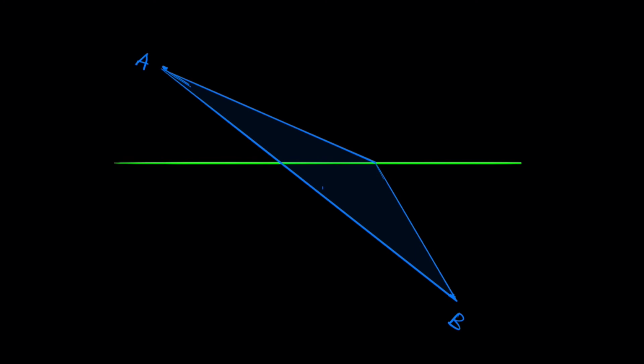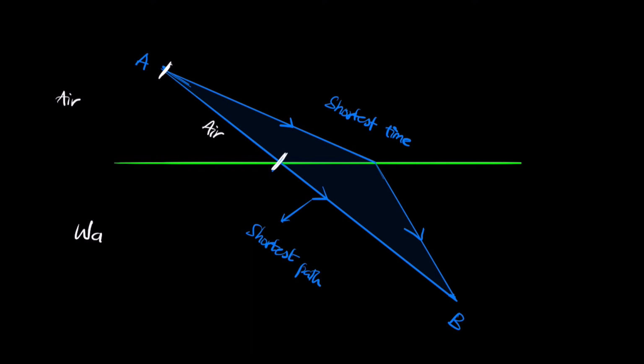So notice that this path here is the shortest path. This path here is the shortest time. Why is it the shortest time? Remember again, notice the distance. So this here is the amount of distance I am spending in air. Remember that we are going from air to water.